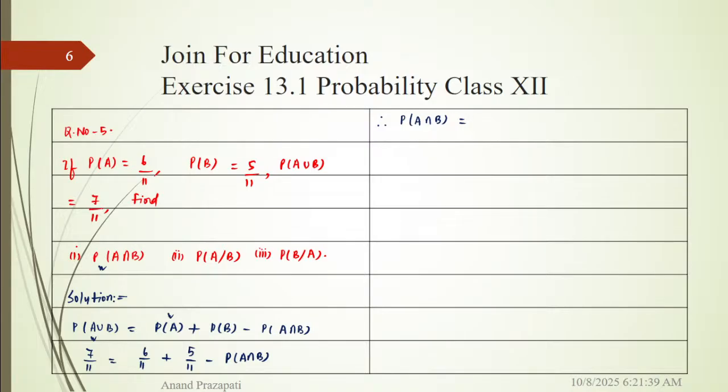So we write down here 1, and move this one to the right-hand side, then we get 7 by 11. So here 11 minus 7 equals 4 by 11.